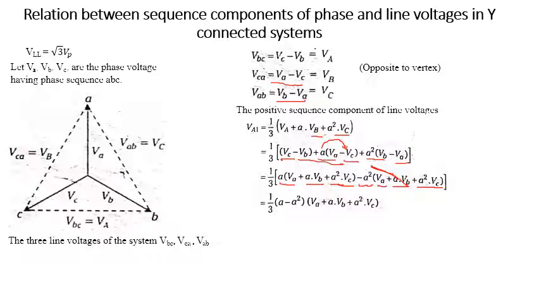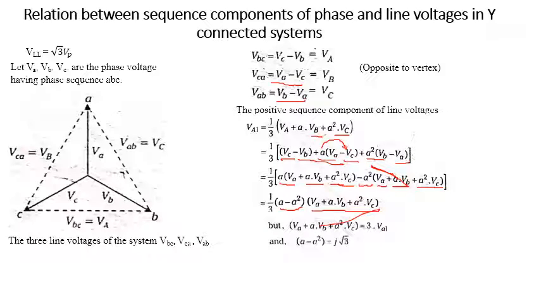So what is the common term here? This A minus A square is common, so the equation will be of A into VA plus A into VB plus A square into VC.